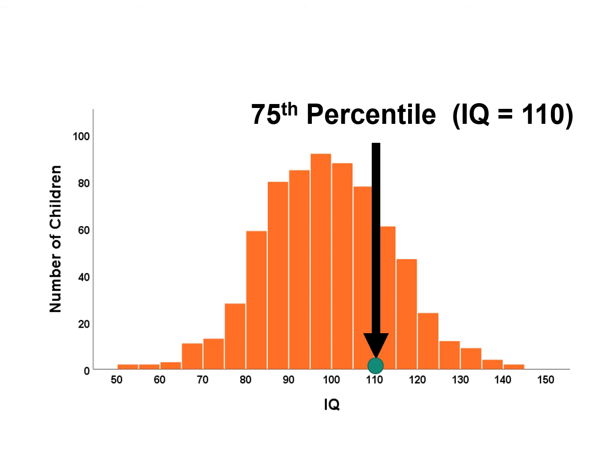So that means that 75% of children had IQ scores equal to or less than 110. And what percentage of children had IQ scores higher than 110? Around 25% of children had IQ scores higher than 110.